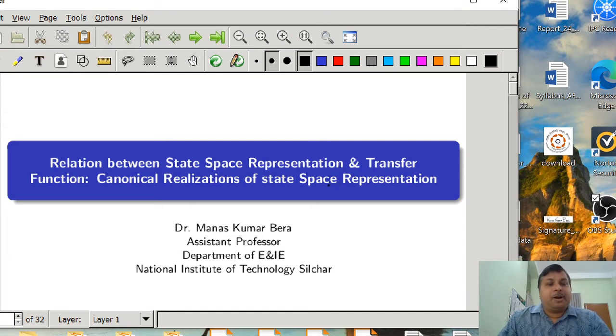Also we have understood that for a given system the state space representation is not unique. We can create different models or state space representations for a particular system, but the input output relation, that is the transfer function, is unique.